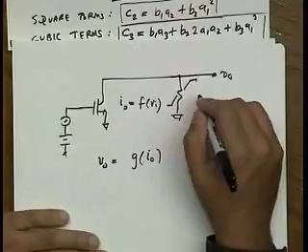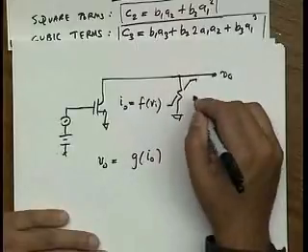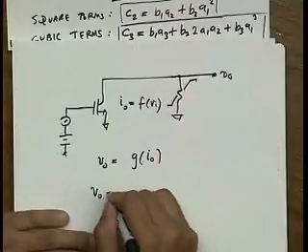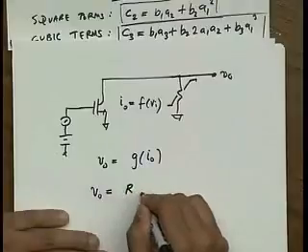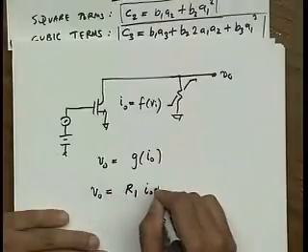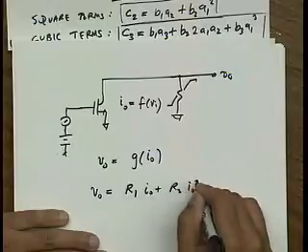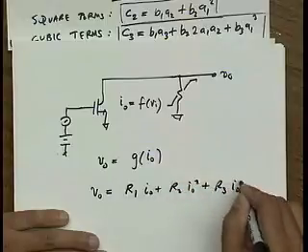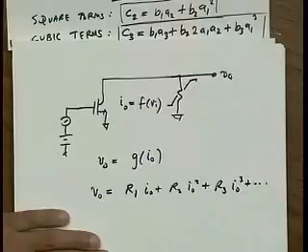So let's say that this resistor is described by V out is, let's say, R1 I out plus R2 I out squared plus R3 I out cubed, and so on.